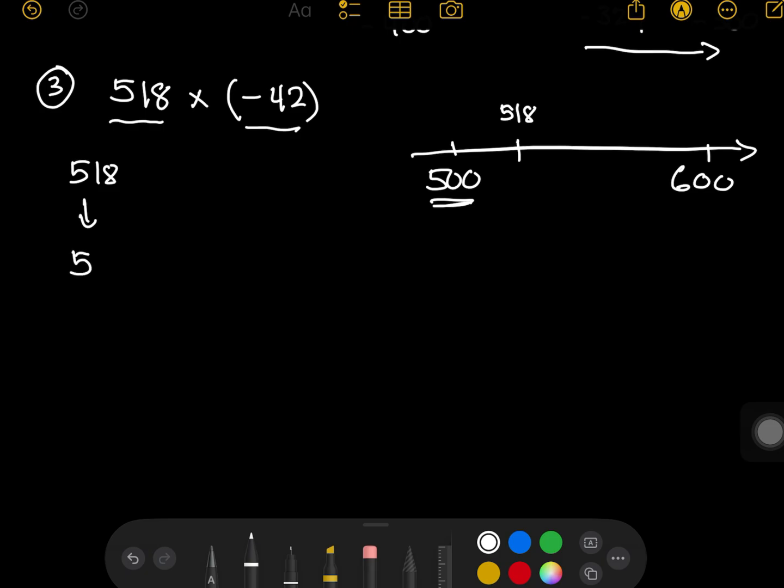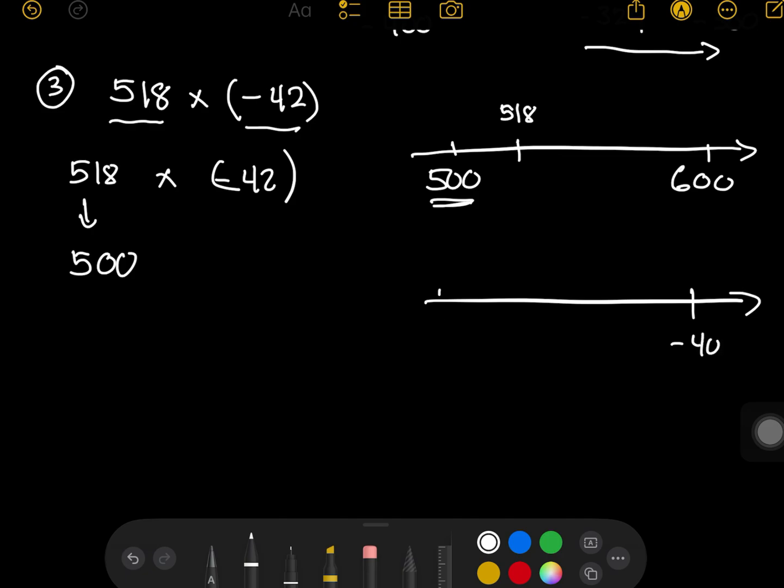So this one is rounded to 500, times negative 42, which lies between, if you draw your number line, negative 40 here and negative 50 here, so negative 42 is around here. So we can round this number to the nearest 40.